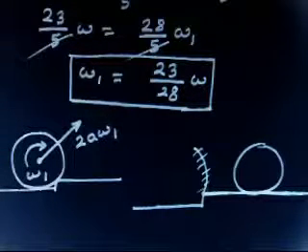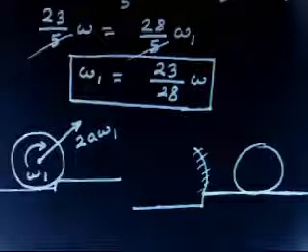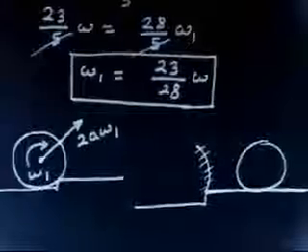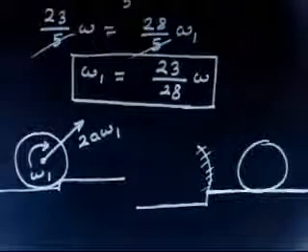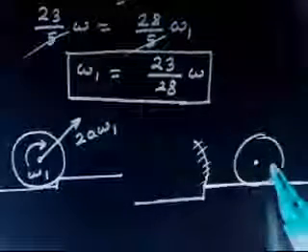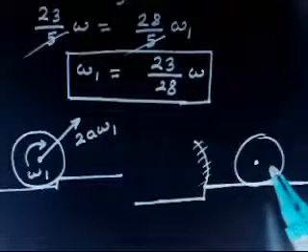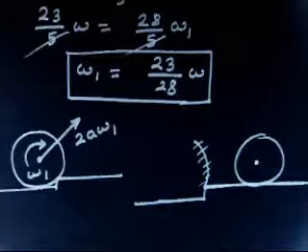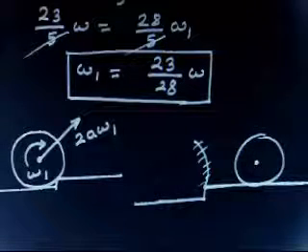What should be the value of omega 1 so that it just reaches the horizontal surface, again with pure rolling? If it just reaches here with 0 velocity, that will give you the minimum condition.